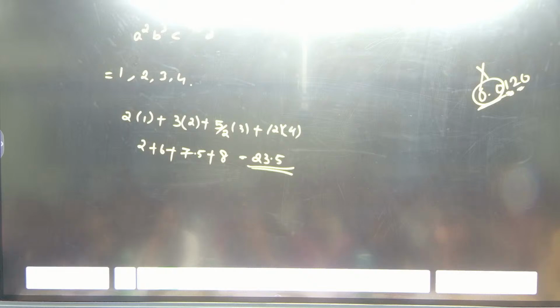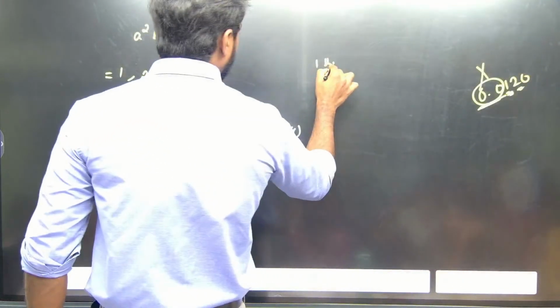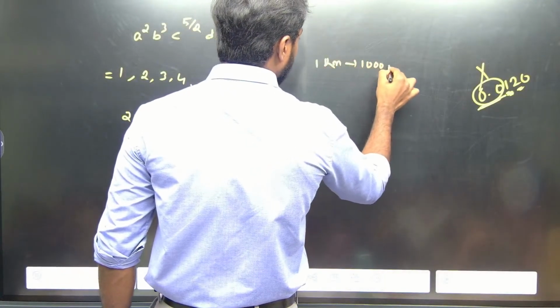Sixth one, change in units of measurement. Change in units of measurement doesn't change the significant figures. For example, 1 kilometer can be written as 1000 meter.